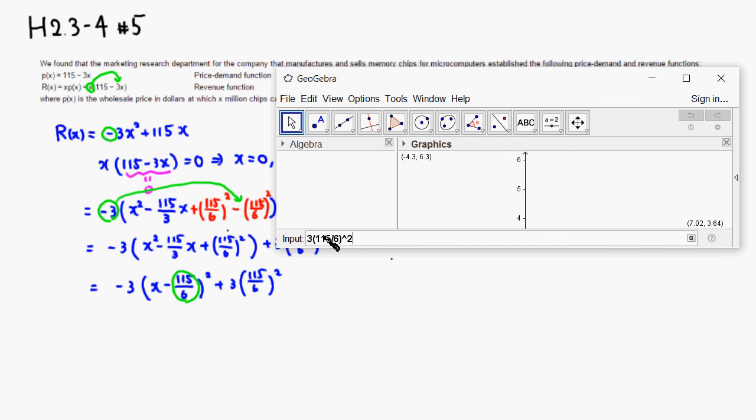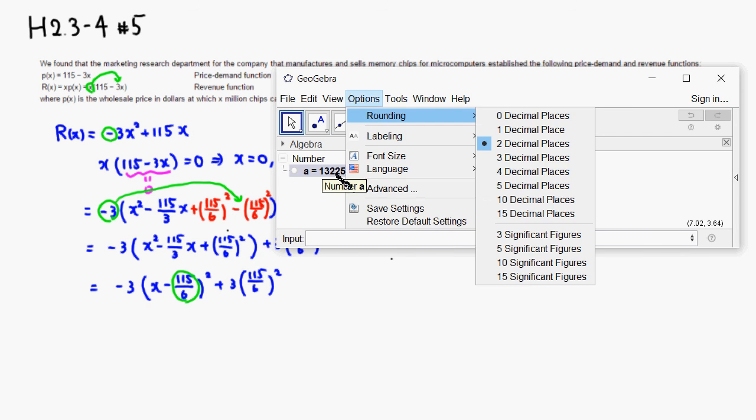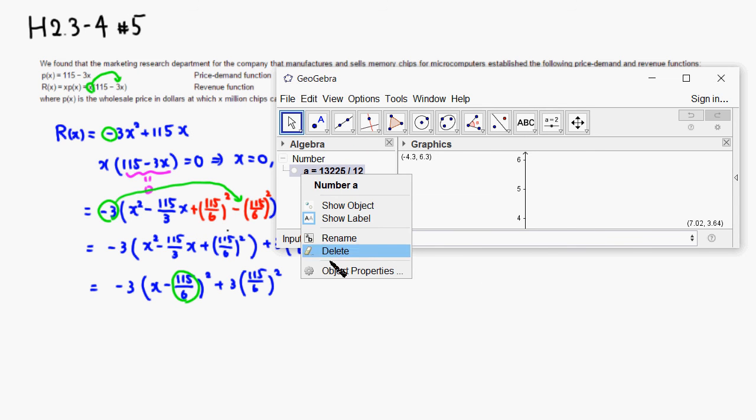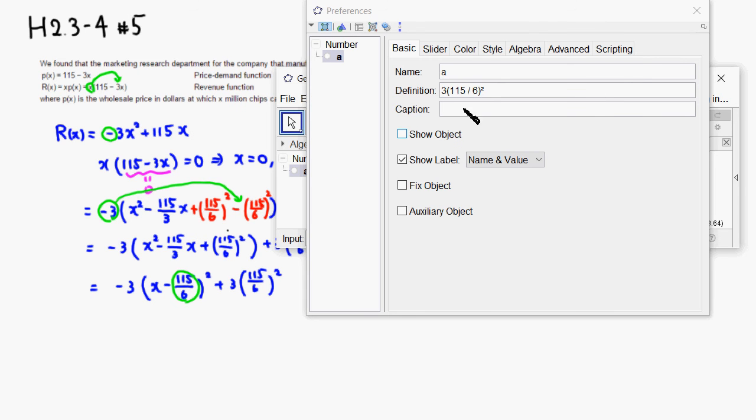Hit enter. I have to get a decimal number, so I'm going to change the setting a bit.